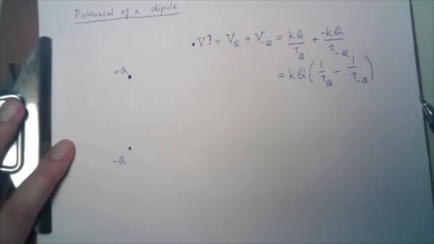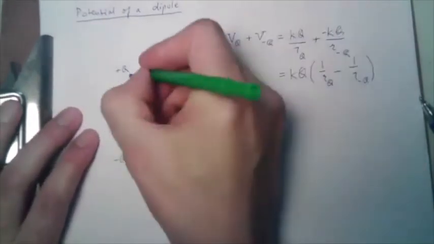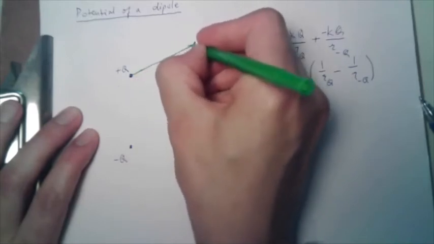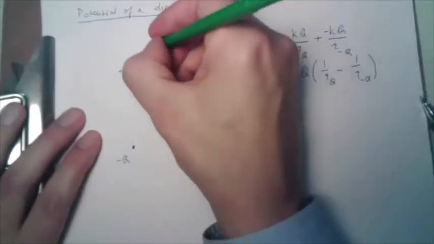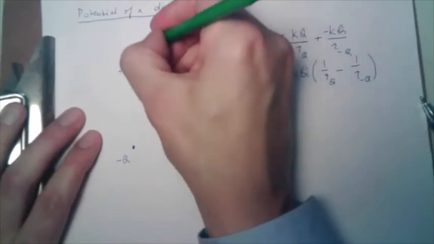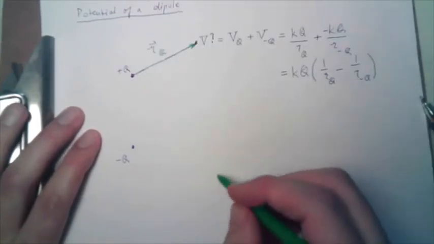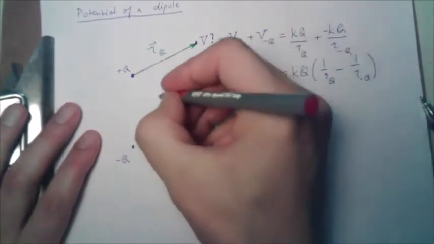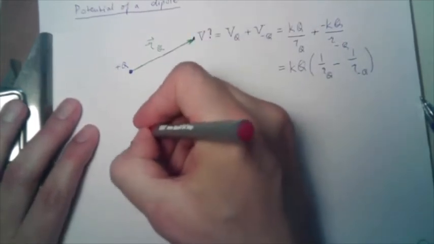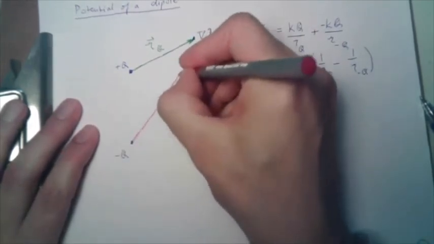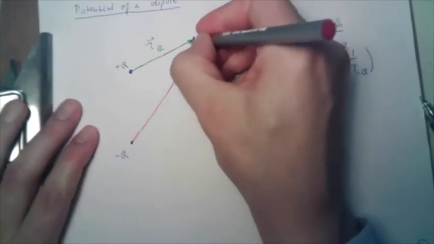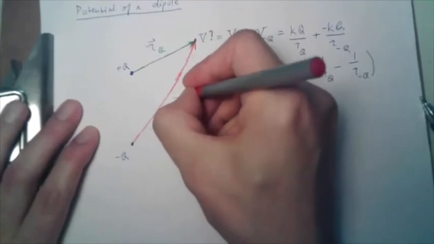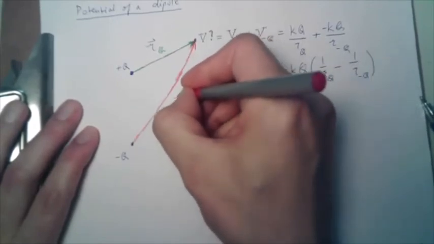So let me write that. So this is R Q. It's a vector, even though we'll use it in scalar notation, but that's okay. And now minus Q is in this direction. Okay, this is R minus Q.